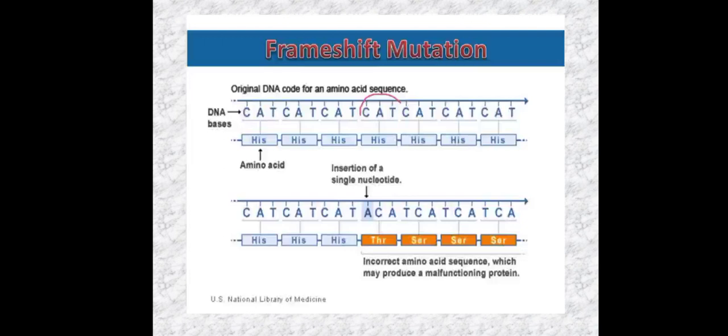Due to this, majorly after the 3 amino acids, the complete reading frame will get changed, and there is also change within the sequence of amino acids. Means within the original sequence there is only histidine, and due to the addition of the single nucleotide base, instead of histidine there is threonine, serine and serine. So it is a frame shift mutation.